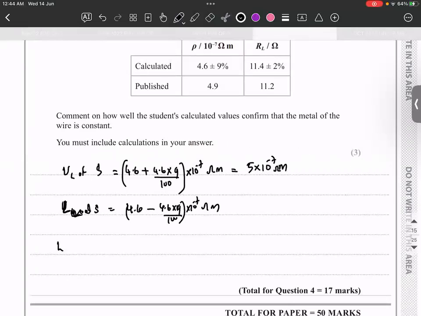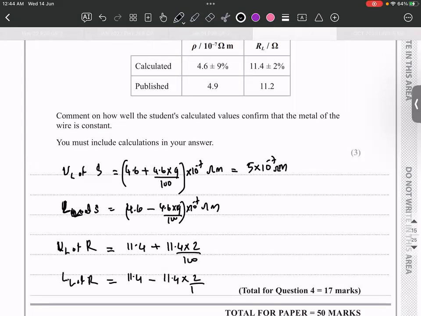Similarly, what is the upper limit of R? The upper limit of R is 11.4 plus 11.4 times 2 by 100. The lower limit of R is 11.4 minus 11.4 times 2 by 100.